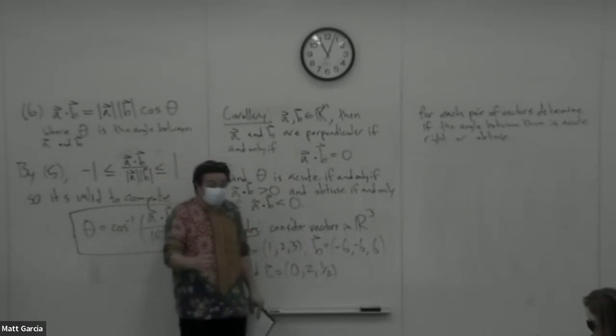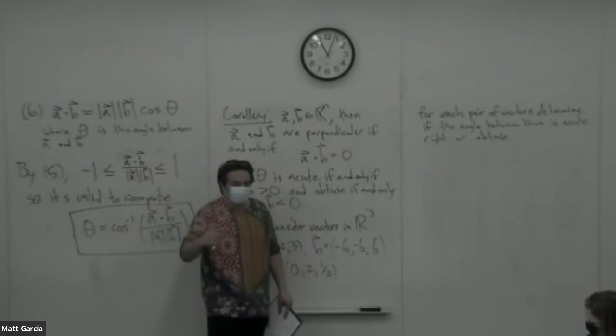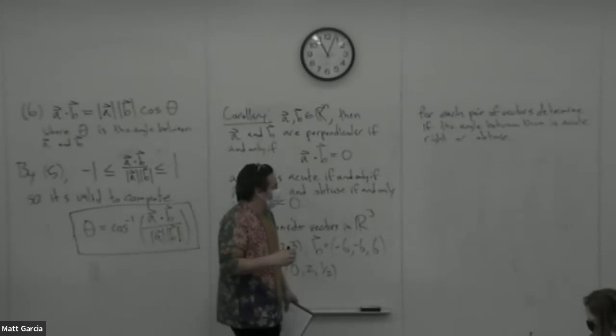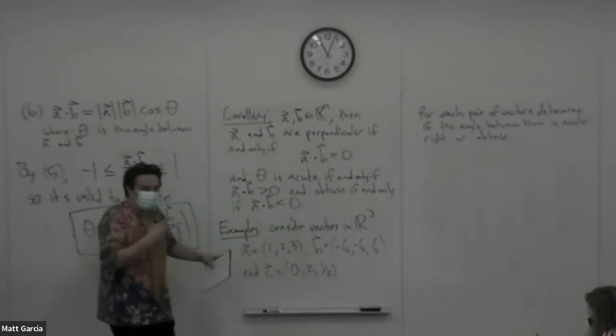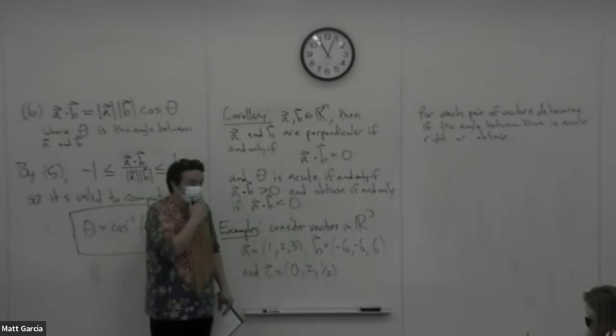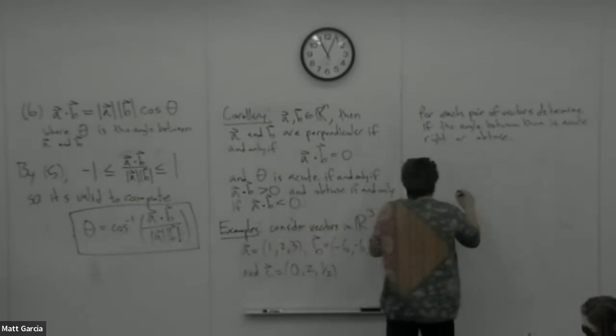Exactly, because the dot product is commutative. So, for example, A dot B is the same as B dot A. So I don't have to make 6 computations, just 3. Why don't we just start with A dot B? What did we get here for A dot B? Yeah, 0.